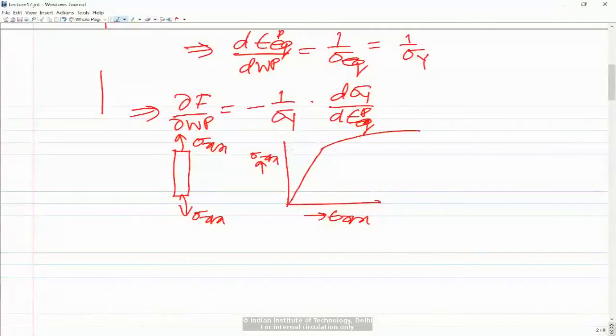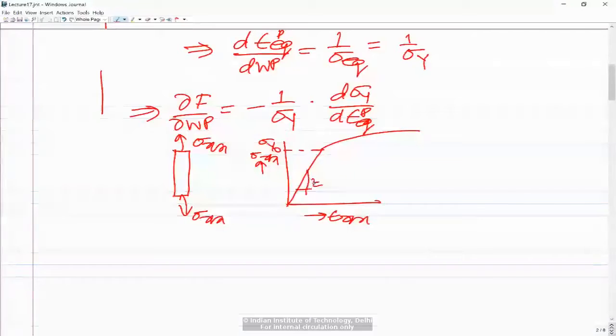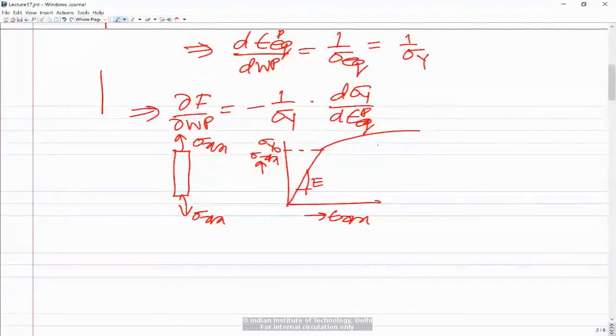So this is the initial yield stress, that is sigma y naught, and we know that the slope of this is Young's modulus E. When we unload it from any point, now if we look at the slope in the elastoplastic region, this slope is referred to as ET, the tangent modulus.